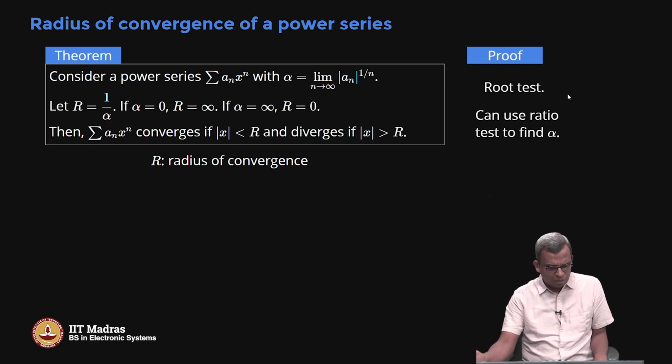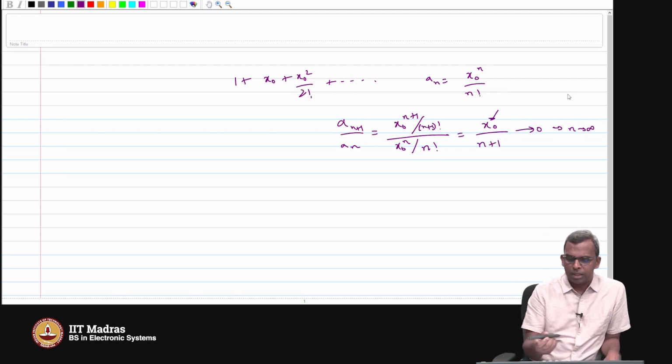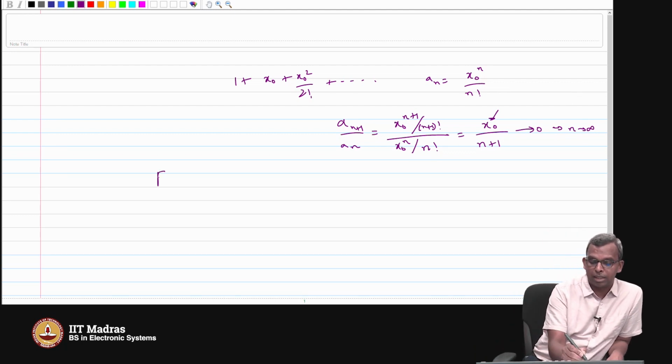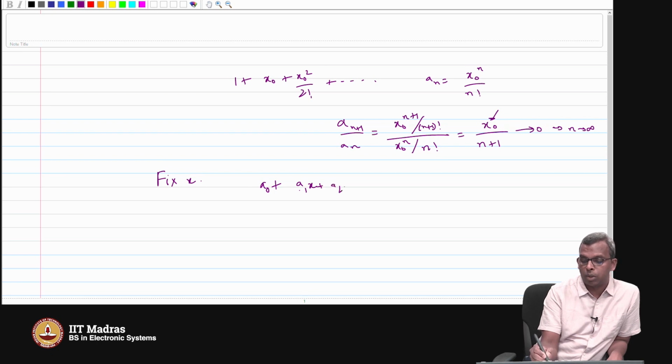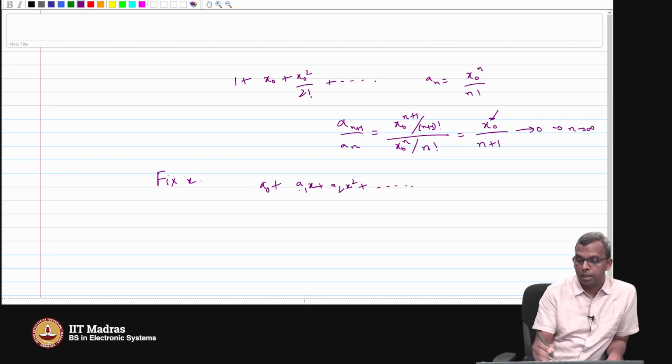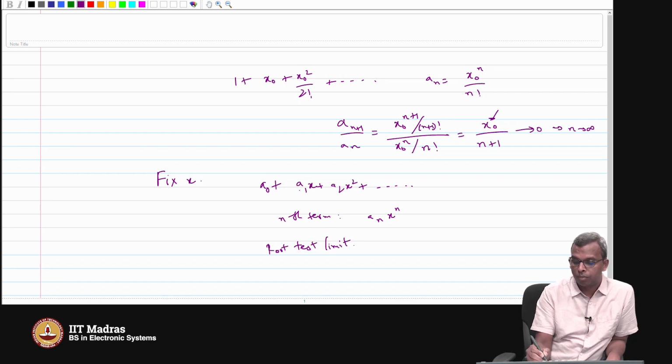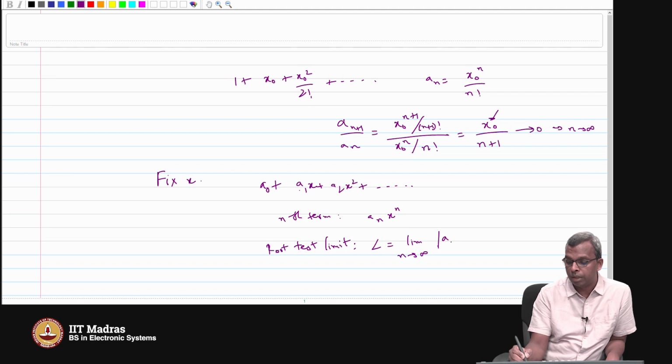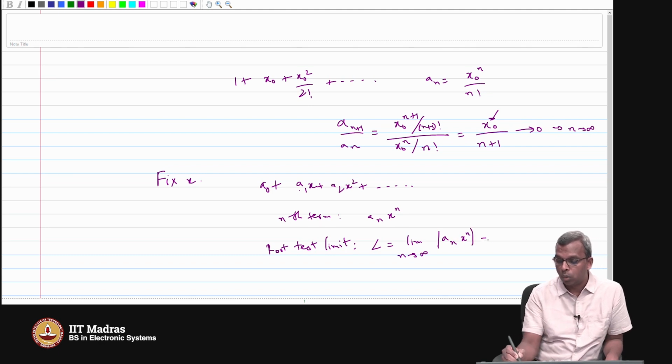But why does this follow from the root test? It's very simple. You just fix x. If you look at the series a0 plus a1 x plus a2 x squared and so on, the nth term is a n x power n, and the root test limit L equals the limit as n tends to infinity of the absolute value of a n x power n, raised to the power 1 by n.